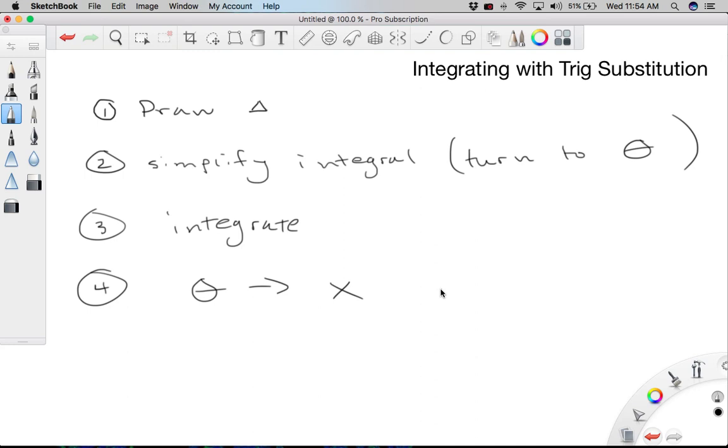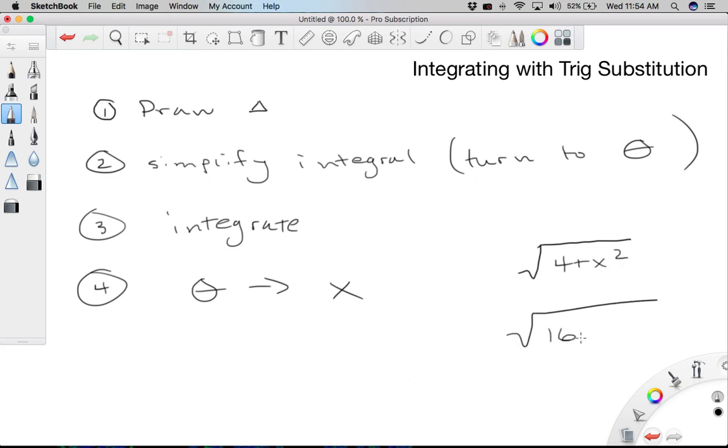And so I guess the main part now is recognizing the integral that you have and noticing that it could be turned into a function of theta. So I think the key to noticing that is kind of when you have something involving a square root. You know, it might be a 4 plus x squared.